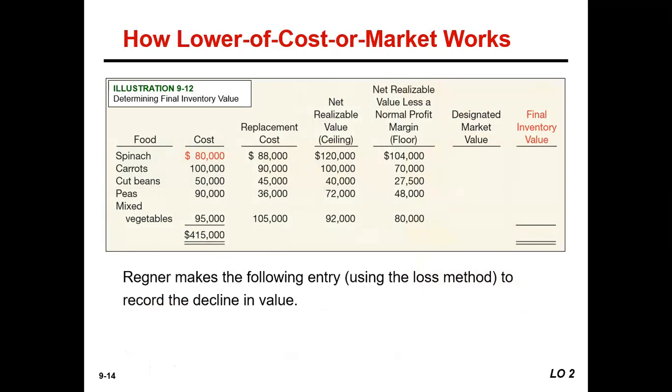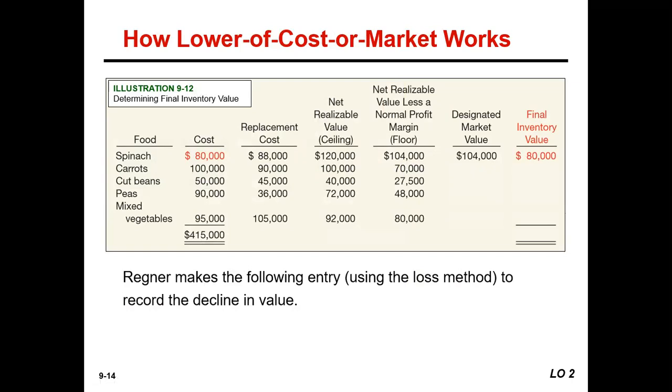So in this example on spinach, if we have a cost of 80,000 and a replacement cost of 88,000, net realizable value, the ceiling, is 120,000, net realizable value less the normal profit margin is 104,000. Designated market value 104,000, again lower of cost or market, so then we're going to use the cost, right?